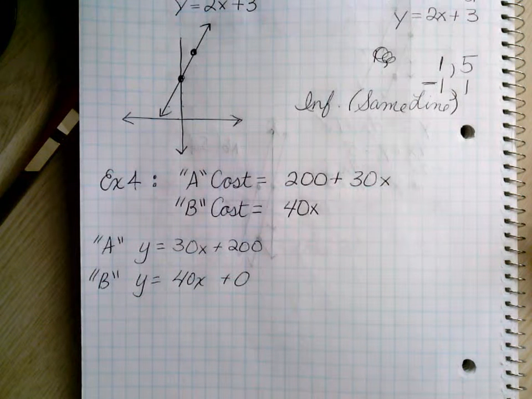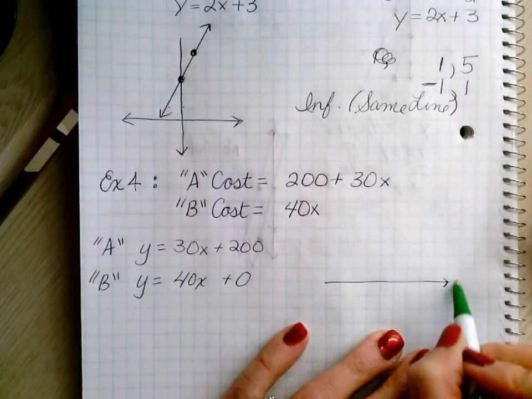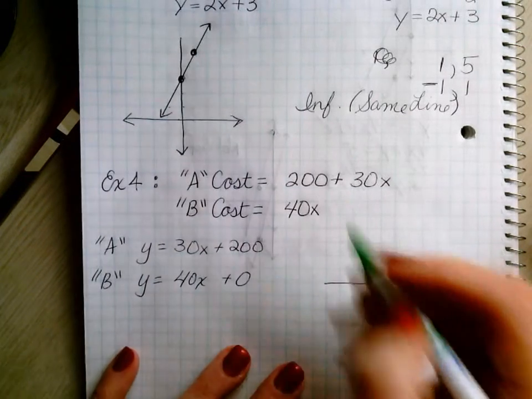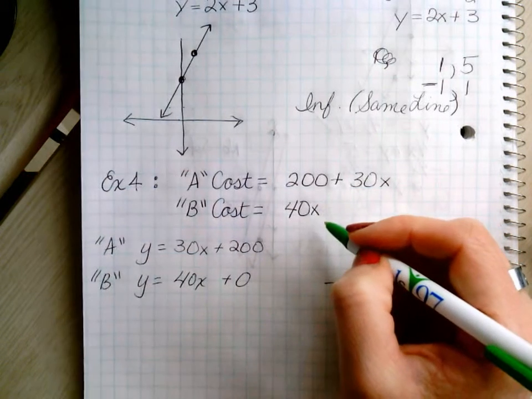So how would that work if you graph it? Well, monthly is your x. Okay, 1 month, 2 months, 3 months. Okay, and your cost is at y.